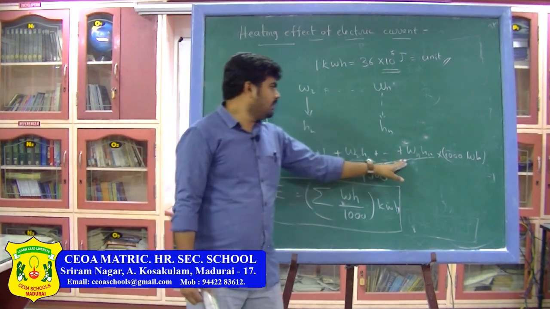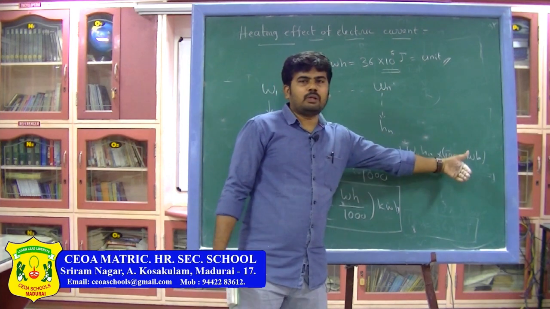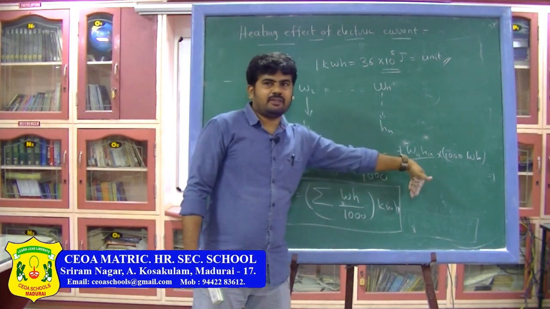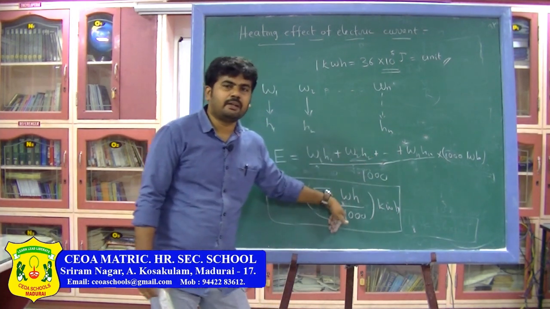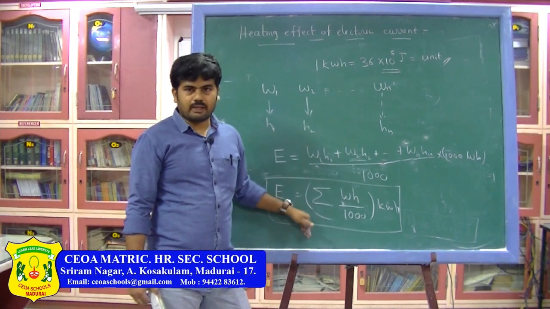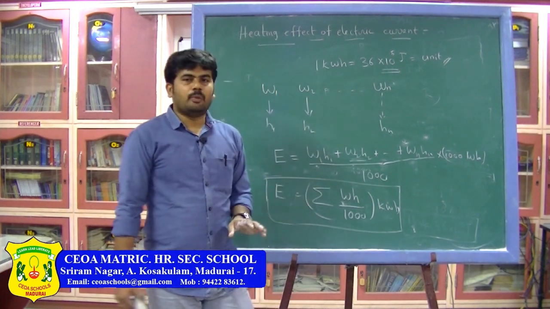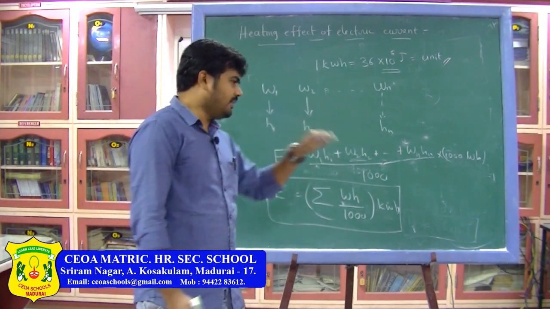Now, adding all and finally dividing and multiplying by 1000, you convert that into kilowatt hours, that is, the number of units. From that you can calculate the electricity bill. This is the method of finding the number of kilowatt hours and then the electricity bill.